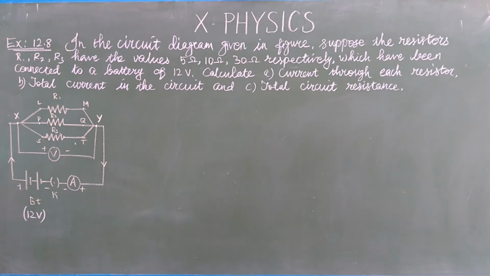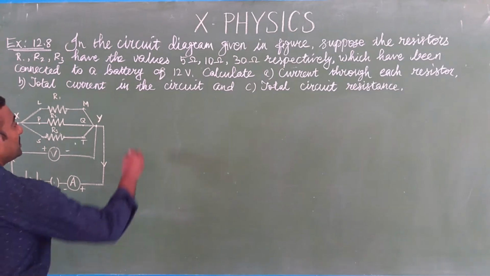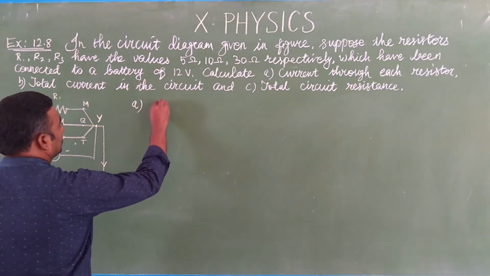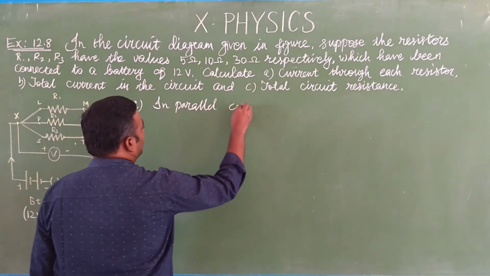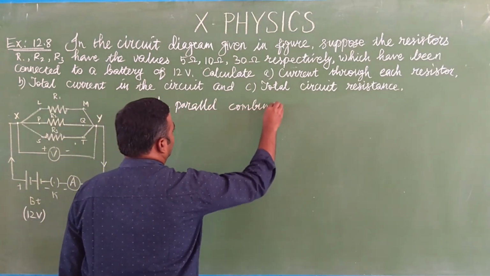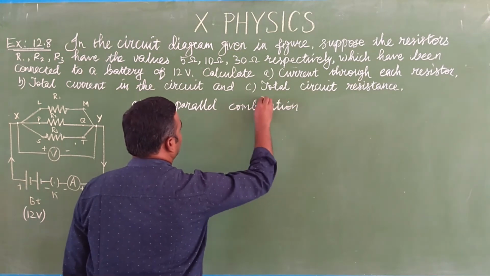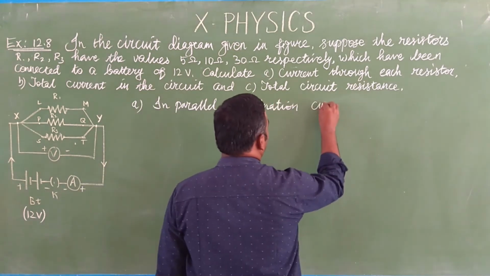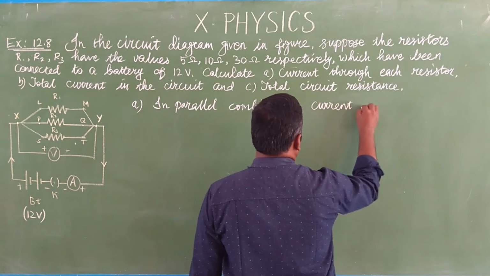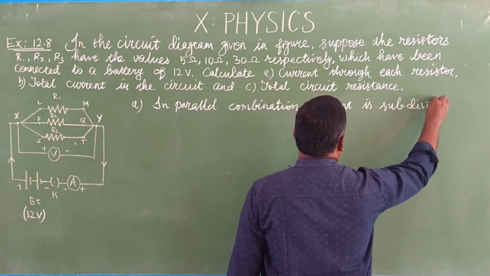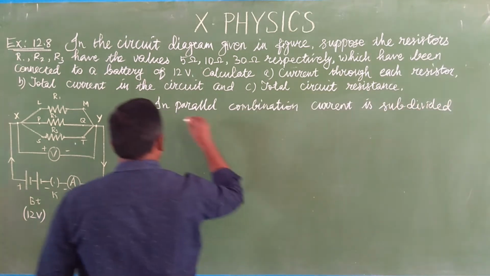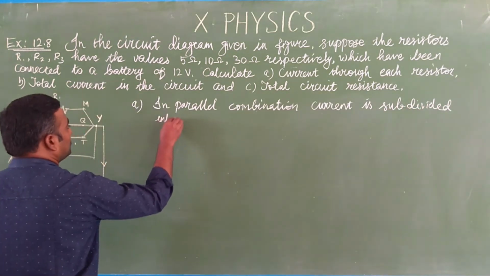Okay. Now we need to find the current through each resistor. We already know that in a parallel combination, current is subdivided. How is current subdivided?